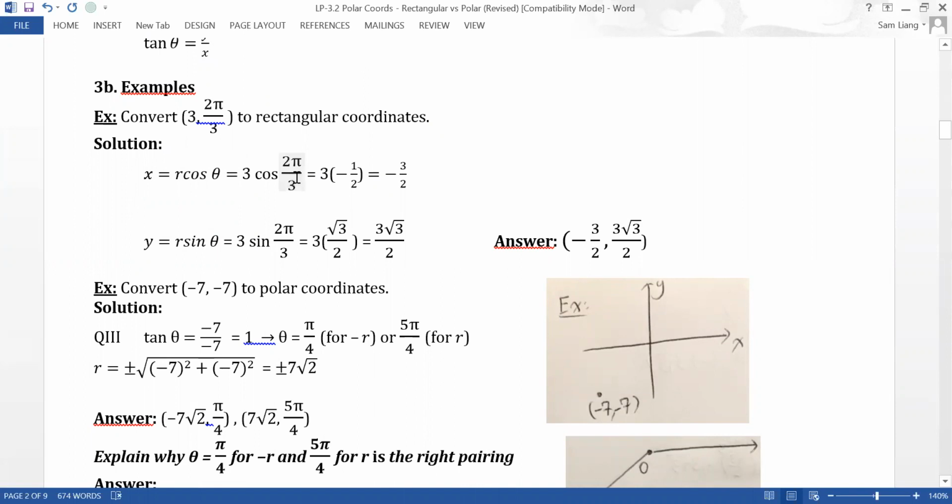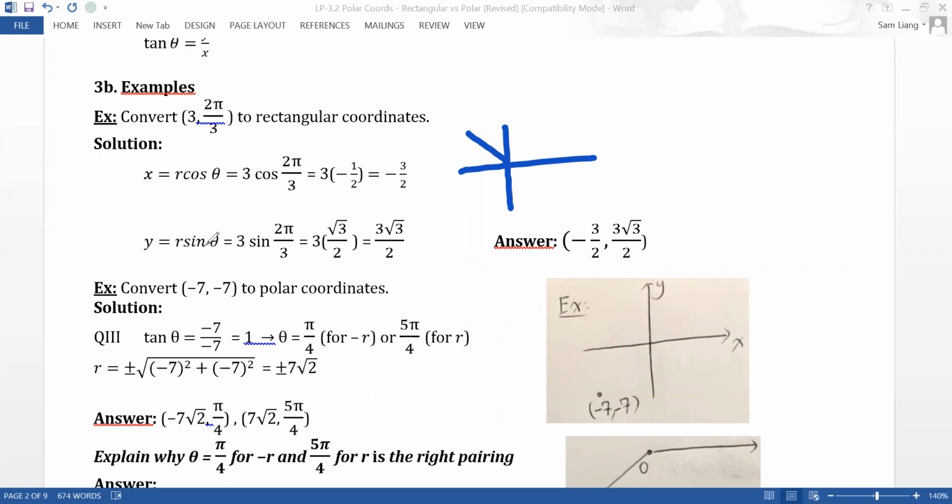Cosine 2 pi over 3 has a reference angle of 60 degrees, in quadrant 2, right here. Cosine 60 degrees is 1/2, but cosine is negative in quadrant 2, so it'll be negative 1/2. So the final answer for that will be 3 times negative 1/2, which is negative 3 over 2.